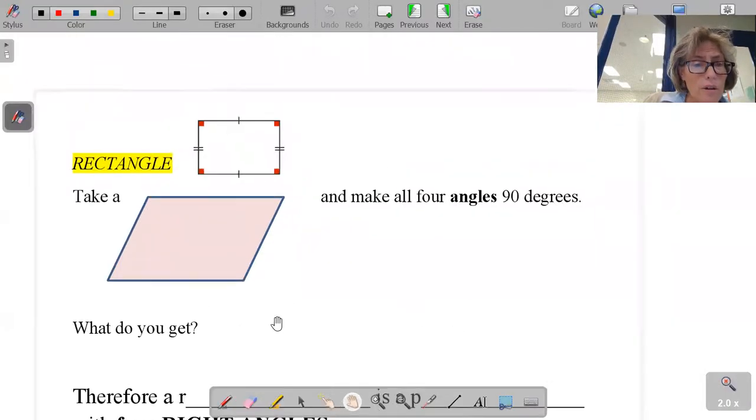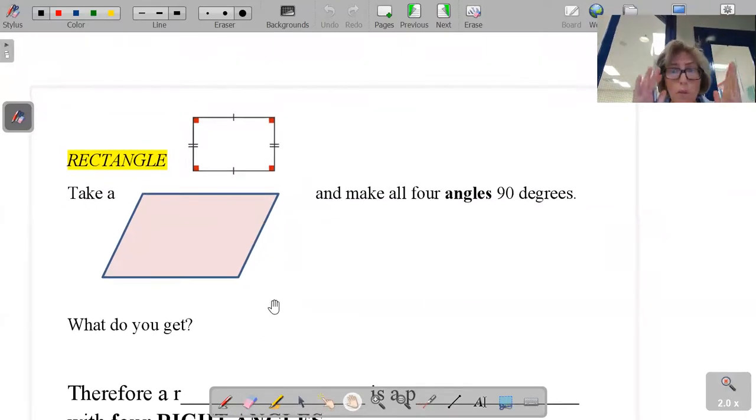So right here, the definition of a rectangle is if you have a parallelogram, kind of put your hands like a parallelogram, and then you square up the corners into right angles, it's a rectangle. So a rectangle is a parallelogram with 4 right angles.